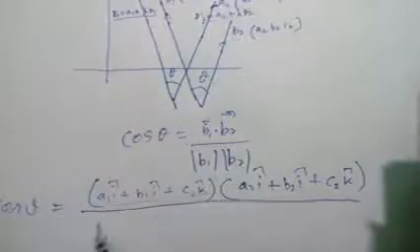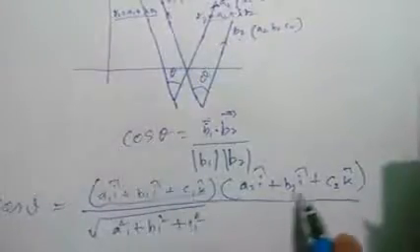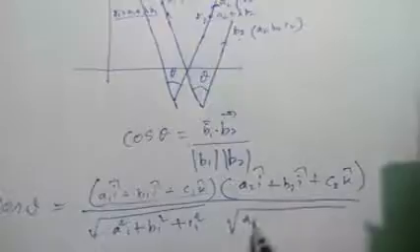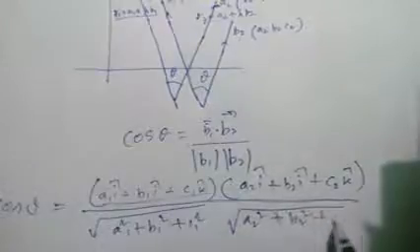and we have to take the magnitude of b1. Its magnitude I am directly writing. This vector's magnitude will be under root of a1 square plus b1 square plus c1 square, and this vector's magnitude will be under root of a2 square plus b2 square plus c2 square.